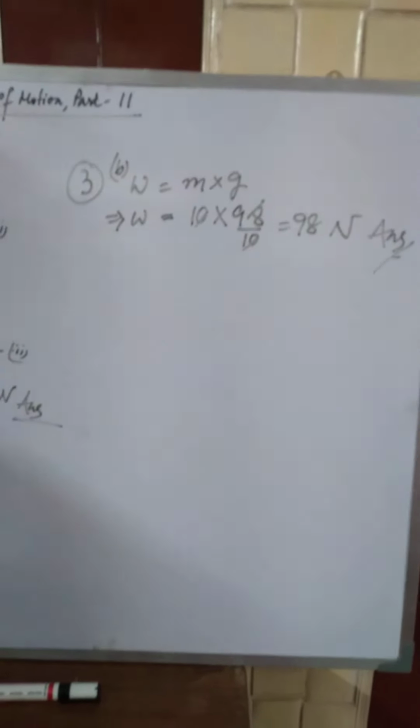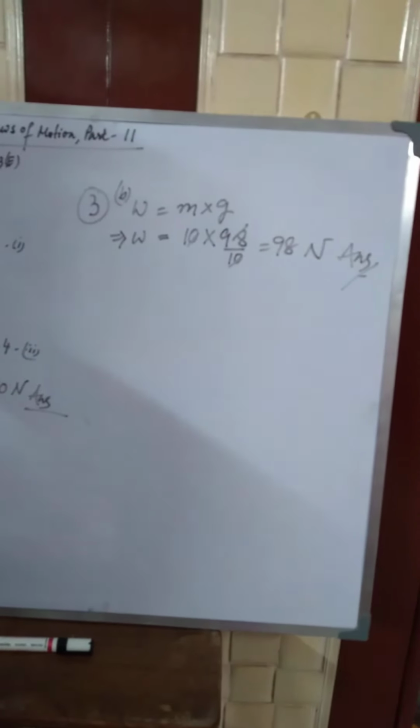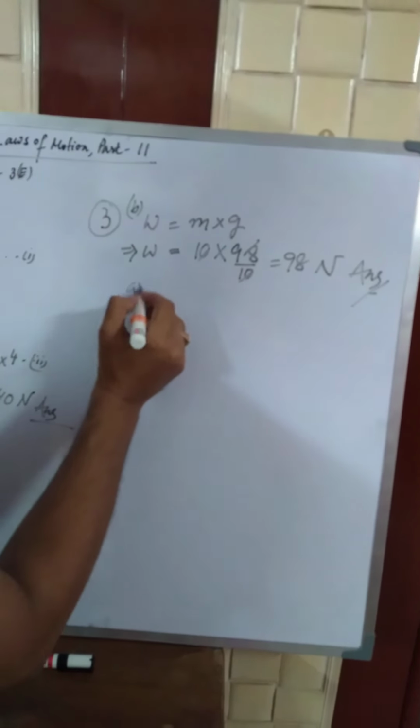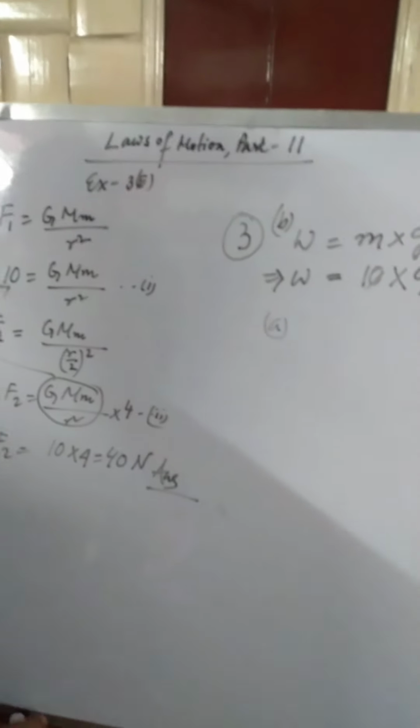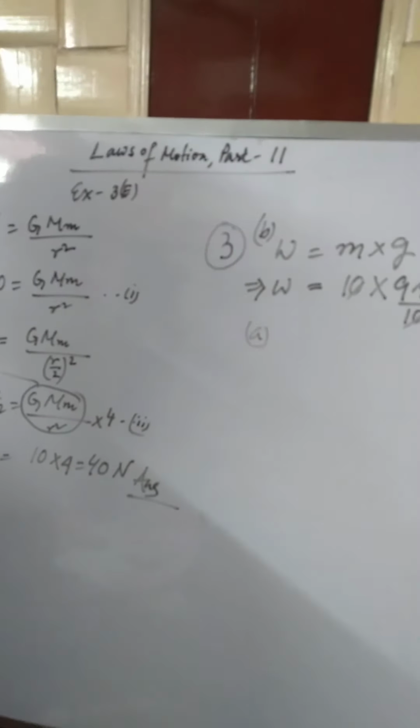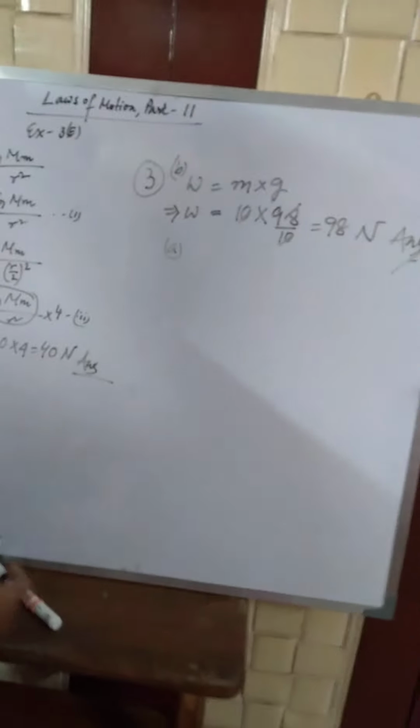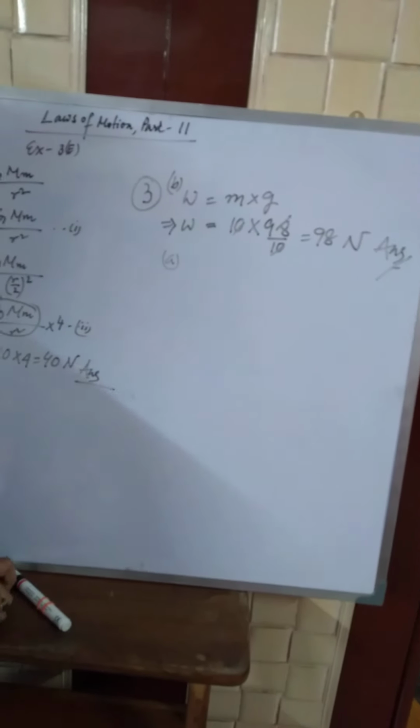What is the weight of the body if its mass is 10 kilogram? You have to find its weight in kgf. kgf is the gravitational unit of force. 1 kgf is equal to 9.8 Newton.